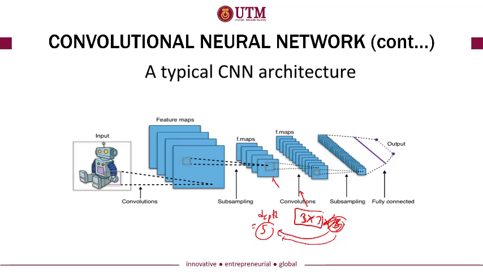So that's why when we write the filter at the convolutional layer here, we just say that we have six 3 times 3 filters. What is the meaning of that? The number of filters is 6, meaning you have a 3 times 3 size filter, and you have 6 of them.